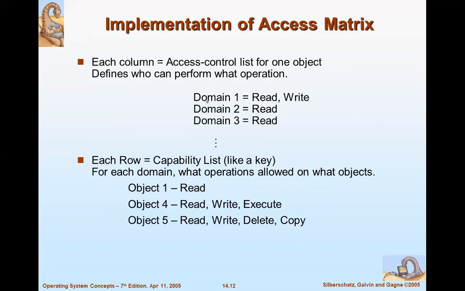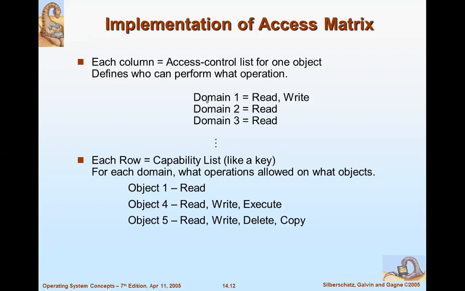Similarly, in domain 3, you can perform the read operation, while each row will explain the capabilities of this system, what capabilities they have for each domain, and what operations are allowed on which object. Here you can see that with object 1 you can perform the read operation, while with object 4 you can perform the read, write, and execute operations.